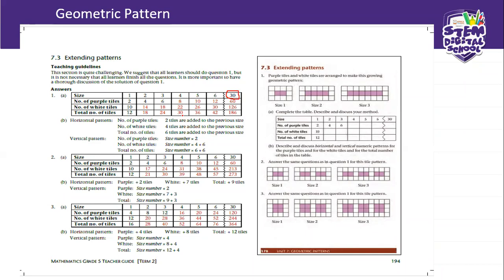How can we find a general rule of multiplying, just by looking at the size number, to get the number of purple tiles, white tiles, and the total? Anyone? How is 1 related to 2, which is also related to 10, which is also related to 12? Going once? Going twice?